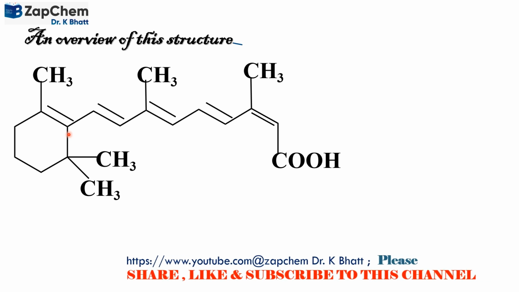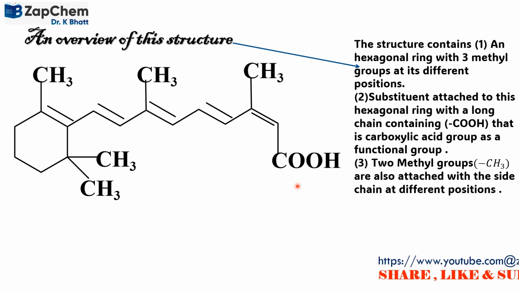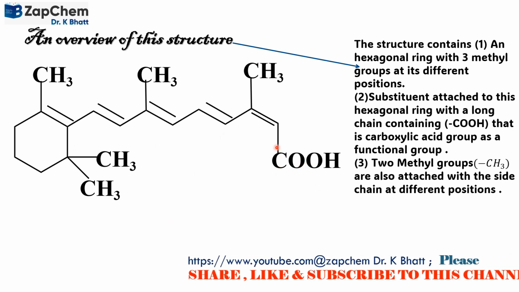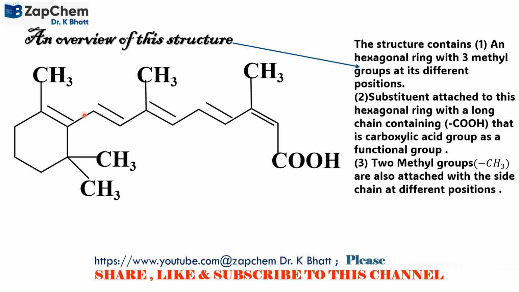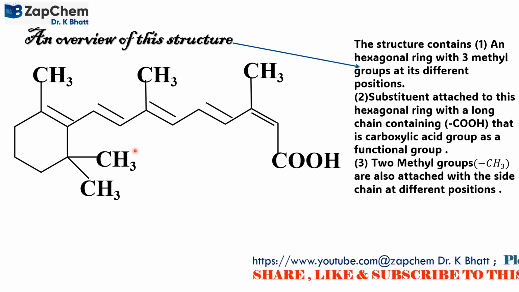Therefore, this will be given preference. And here, the long chain of carbon atoms containing the carboxylic acid group consists of double bonds at certain positions. Over and above, there are methyl groups attached to this carbon chain.